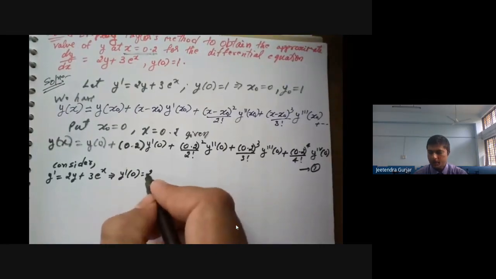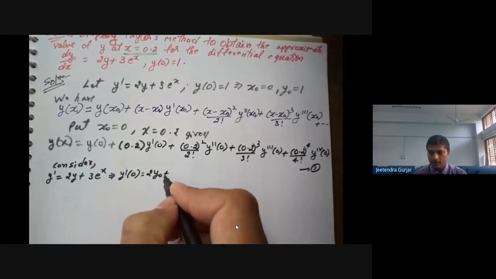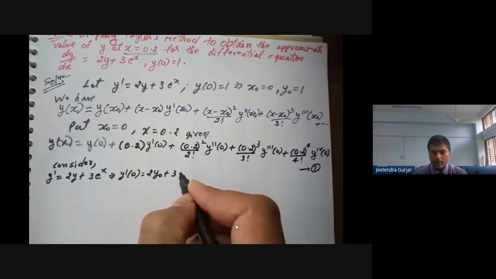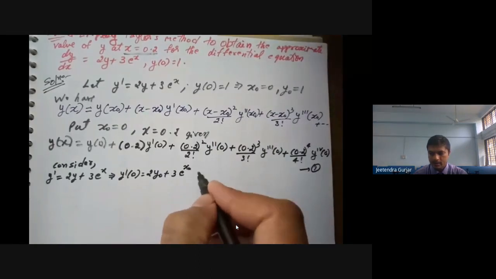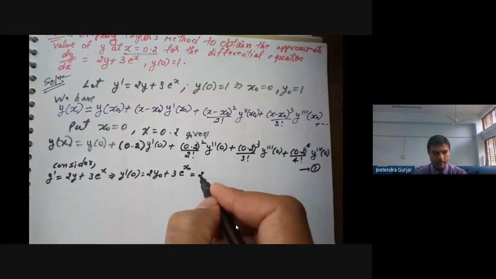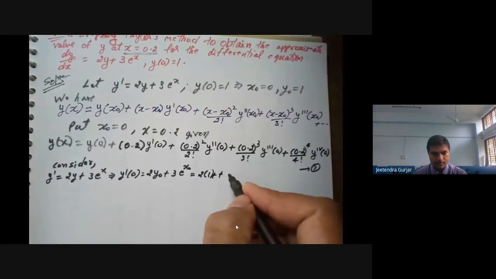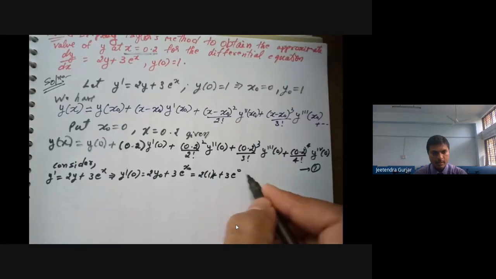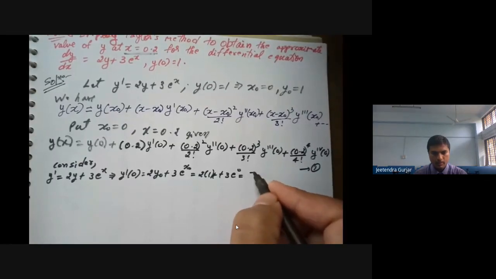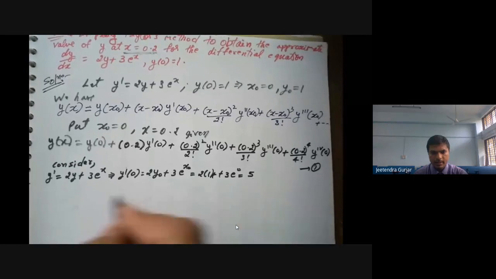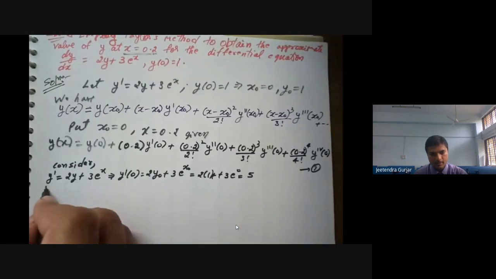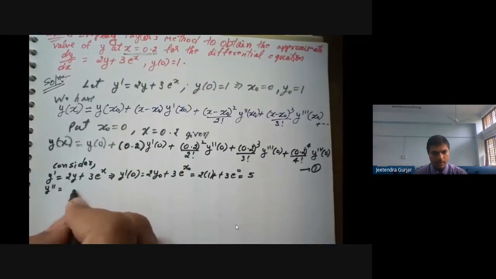So y dash of 0 is what? Substitute 2 y naught plus 3 e raised to x naught. So wherever x is there, x naught, y is there, y naught. So y naught is 1. So 2 into 1 plus 3 into e raised to 0. So e raised to 0 means we take 1 only. Remember, e raised to 0 is 1. So 2 plus 3 is 5.